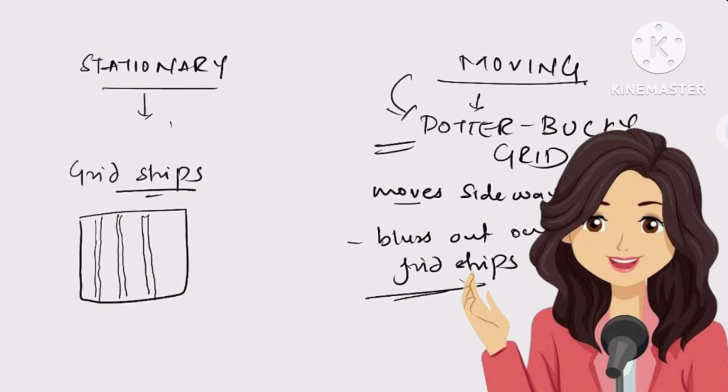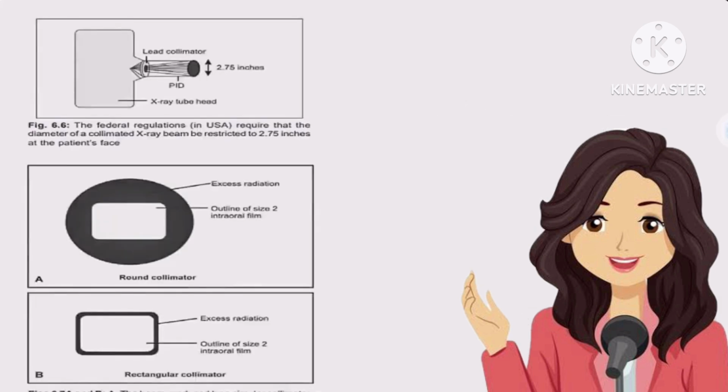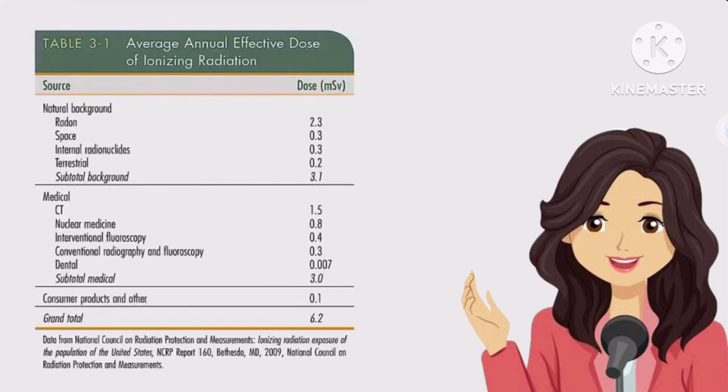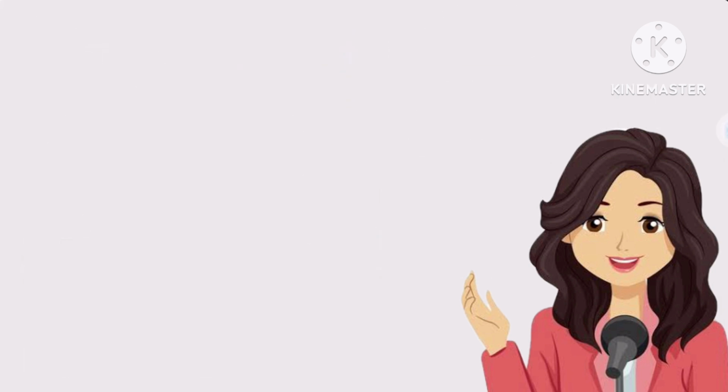All right. The next thing that we have, I already told you that factors affecting X-ray production include filtration and collimation. Now we are going to discuss this in detail.